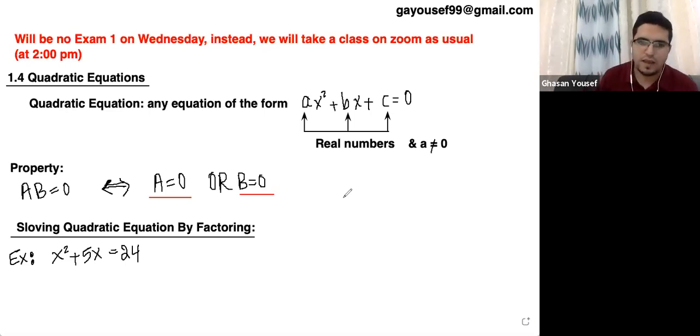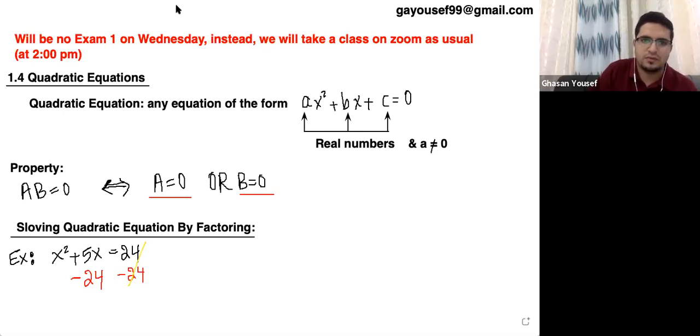So first of all, we have to subtract 24 from both sides. After I subtract 24, the right side is cancelled, because 24 minus 24 gives 0.